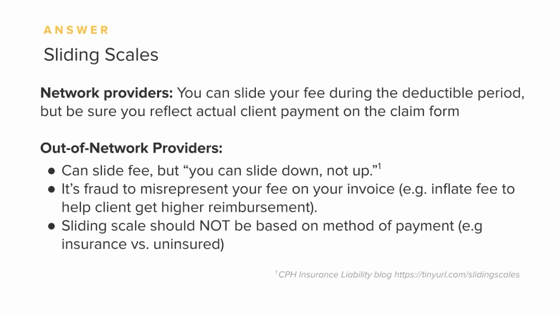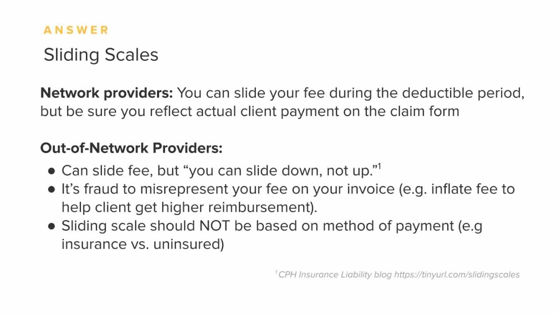And if your actual fee is $150, but your insurance fee is $180, then that's fraud. So it's best to base your sliding scale on how people are able to pay, because some people who are uninsured have money to pay you and can afford you. You can ask your clients to bring in their tax forms, or I've heard people say, I do sliding scale only for students or unemployed people.